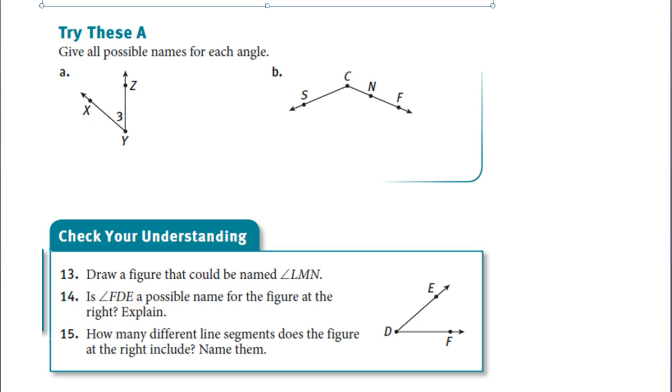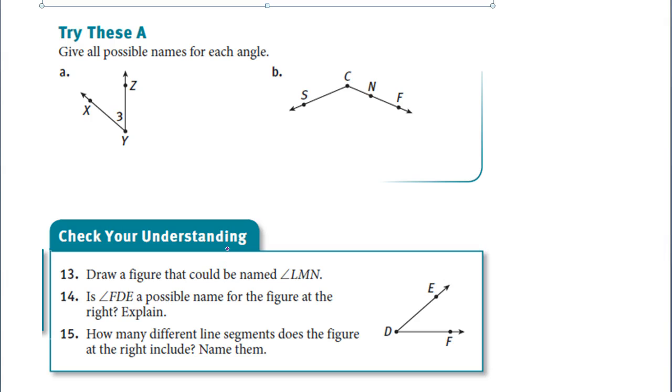Next, we have 2 problems for you to try. So again, I'm going to pause the video and give you a chance to answer these. Give all possible names for each angle. Question A, here's the figure. Give all possible ways to name that. Question B, give all ways to name that angle. And then here's 3 more check for understanding questions.